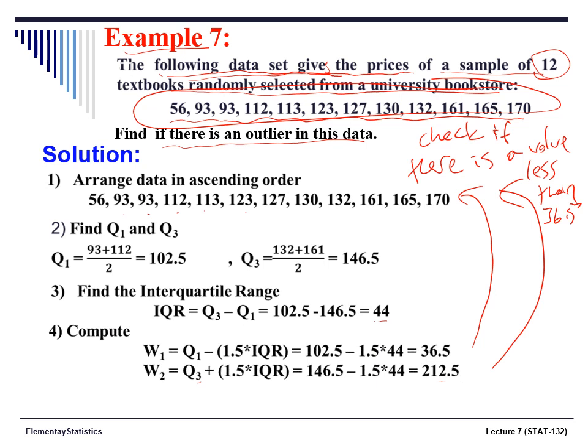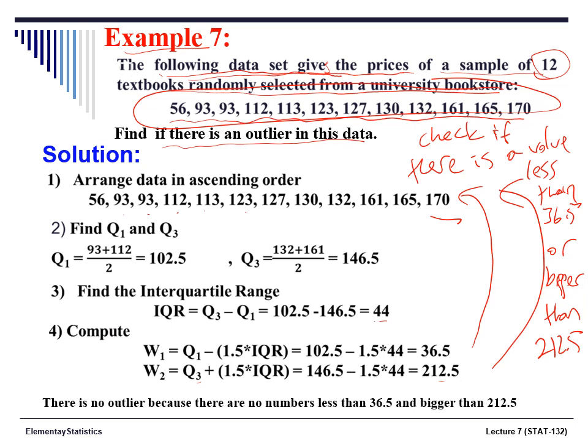Okay, look here, no. Or bigger than 212.5. Yeah, here check no. So in this case, you write there is no outlier because there are no numbers less than 36.5 or bigger than 212.5.